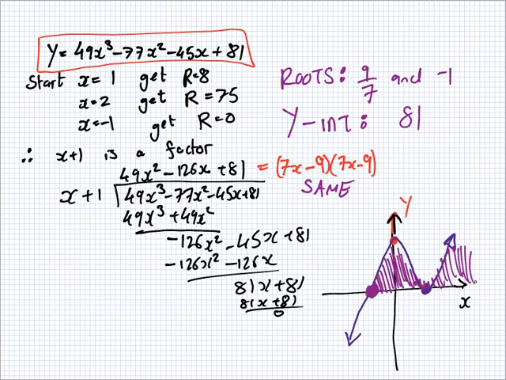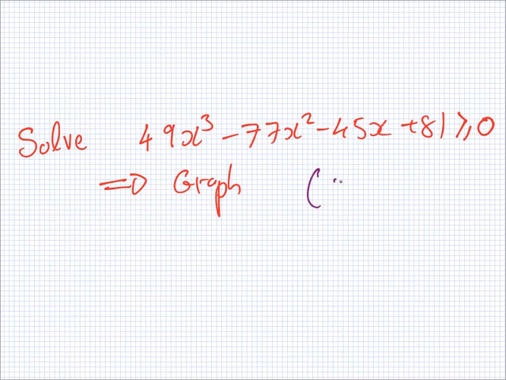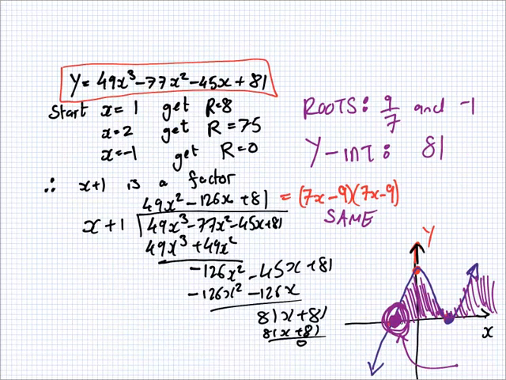It's always positive. So after this point, your cubic is always positive. What is this point here? It's -1. So my answer to this question from the graph is x greater than or equal to -1. It's from this -1 point. That's when it becomes positive.